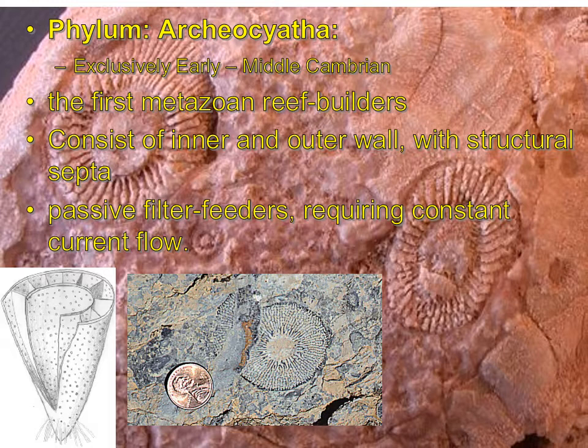They are passive filter feeders that are composed of an inner wall and an outer wall with structural septa kind of holding them together. They had little roots that would attach them down into the sediment and this very porous body. Like sponges, they were probably made of a series of semi-independent cells, but they're a passive filter feeder.